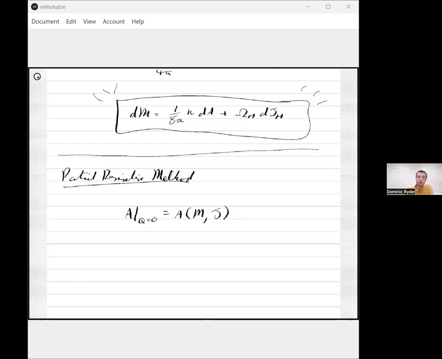So then, assuming that this function is differentiable in both variables, we can write by the chain rule dA is equal to partial dA by dM at constant J, dM, plus partial dA by dJ at constant M, dJ.